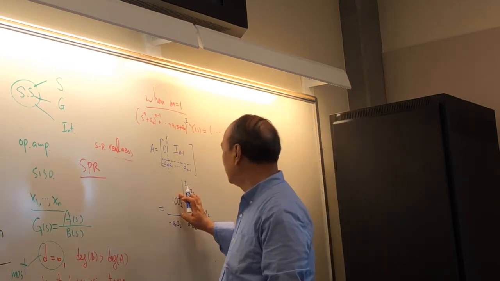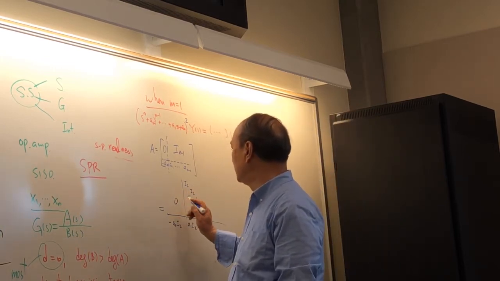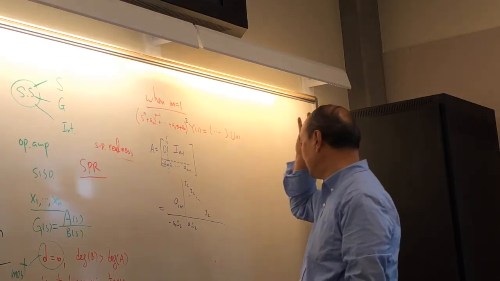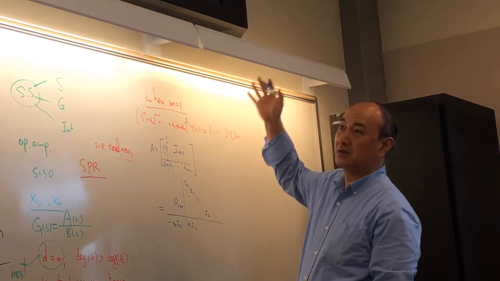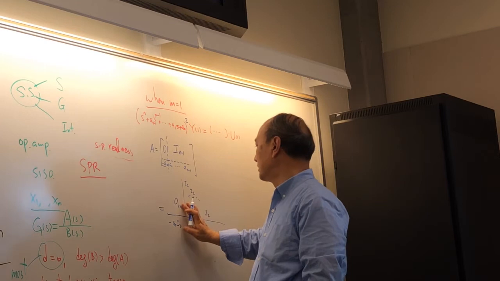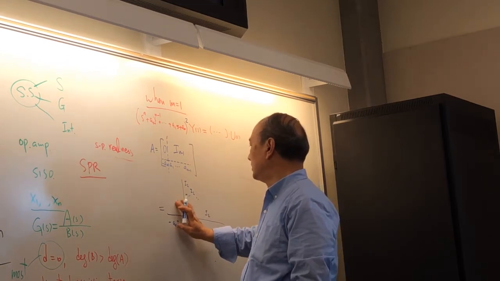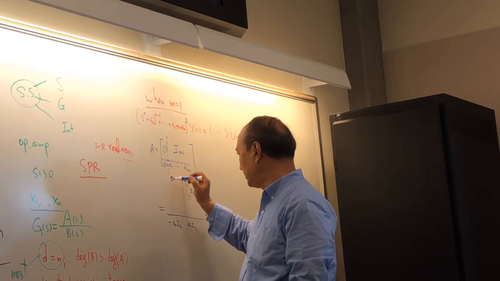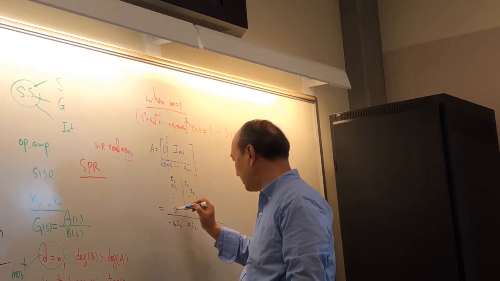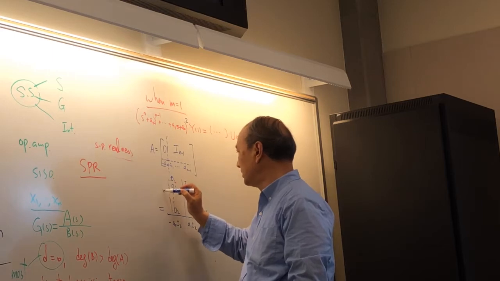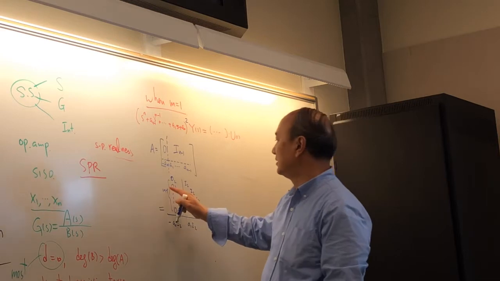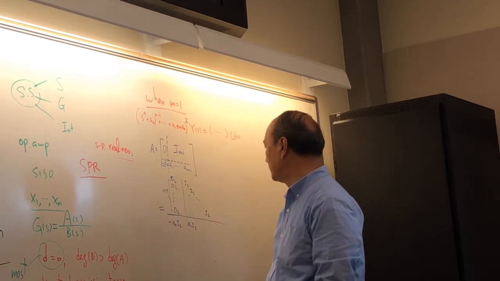So this is the zero block, O2, 2 by n. M is 2. No, this should be like this: it's I2, and 0 2, 0 2, 0 2. No, this is n minus 1.